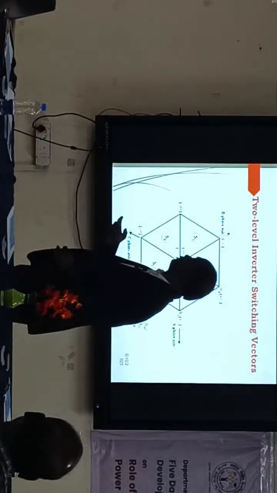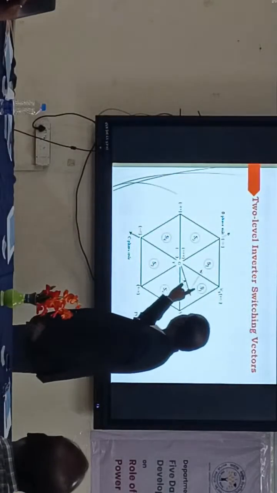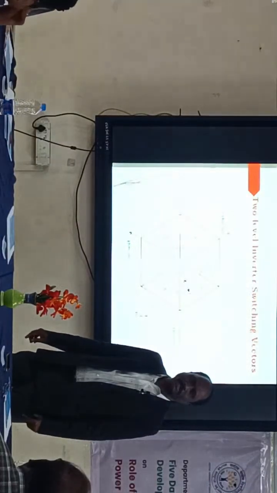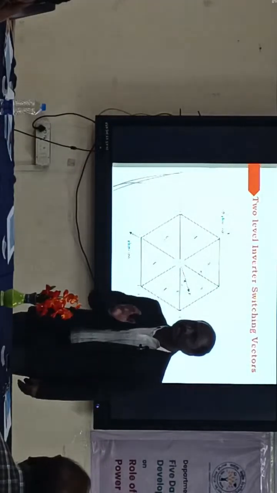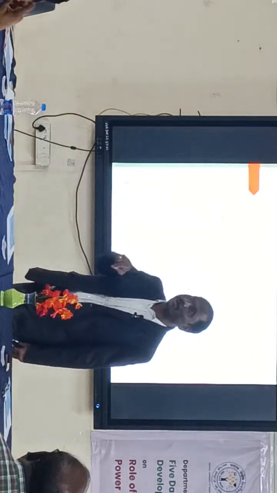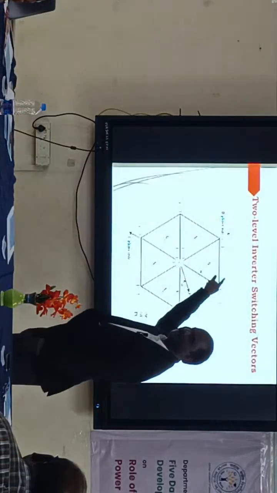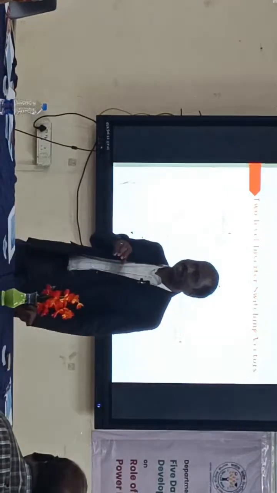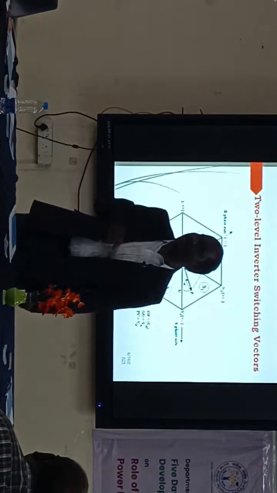For example, I want to have a vector with 30 degrees, and its magnitude is 80%. Is it possible? Because we have only 6 vectors, but we can make it possible by turning on these switches in different time periods. That is the synthesis of space vector. What is the requirement and how to achieve that?